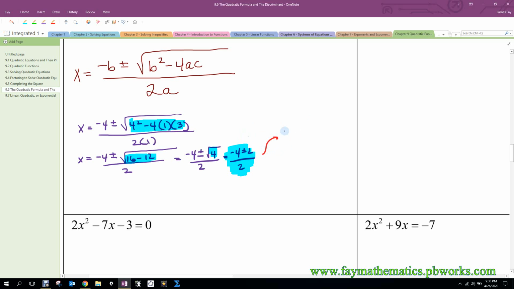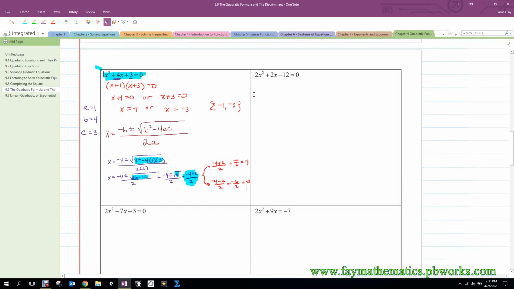That means you have -4 plus 2 over 2, and you have -4 minus 2 over 2. So -4 plus 2 is -2 over 2, which reduces to -1. -4 minus 2 is -6 all over 2, which gives you -3.